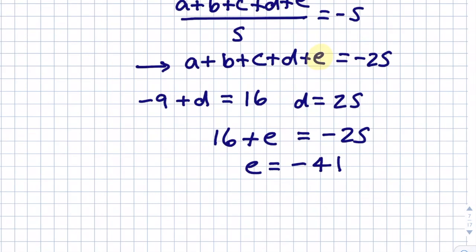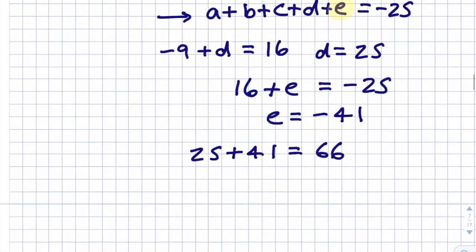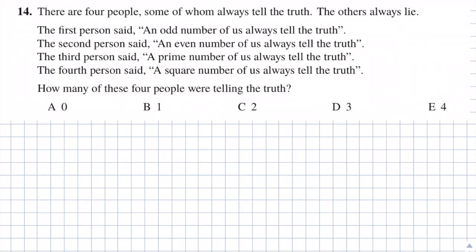So the difference is going to be 25 minus minus 41, which becomes plus 41, which gives us an answer of 66. And we've got an answer of 66, which is answer A. So therefore, our final answer equals A.